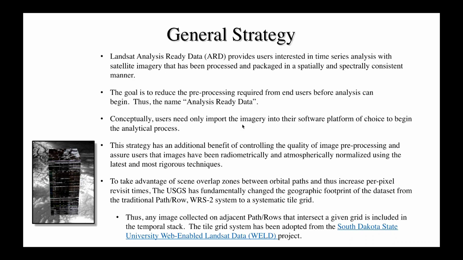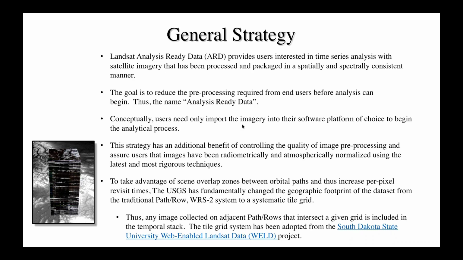One of the strangest parts of this data set is that the Landsat imagery is no longer delivered in that parallelogram path row format. It has been broken up into these tiles, and they use the South Dakota State University WELD project grid format in order to do this.